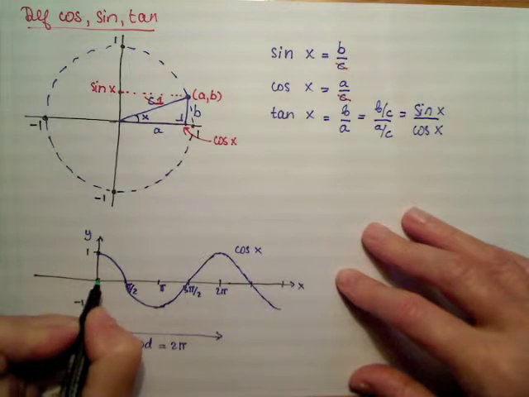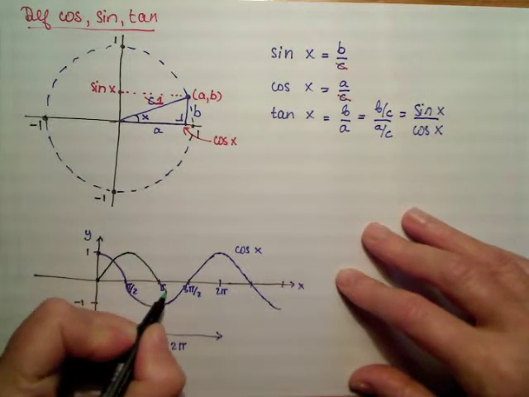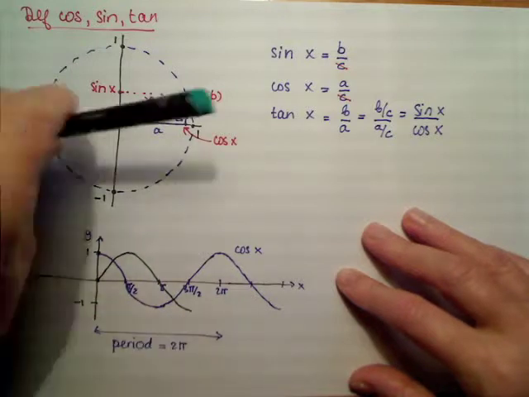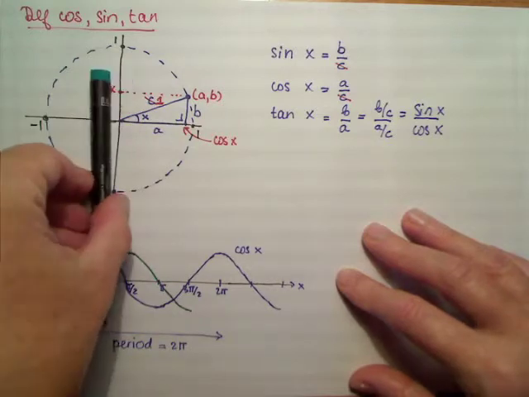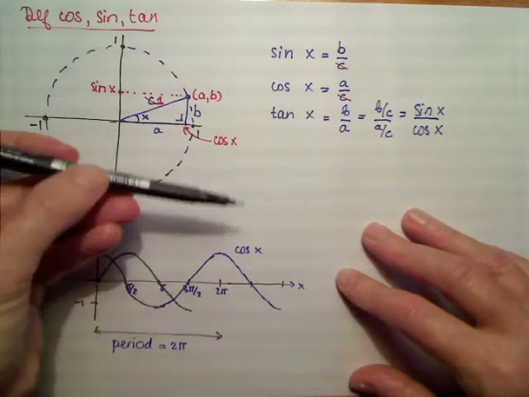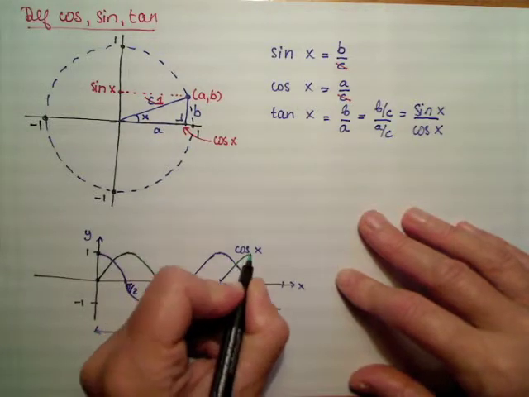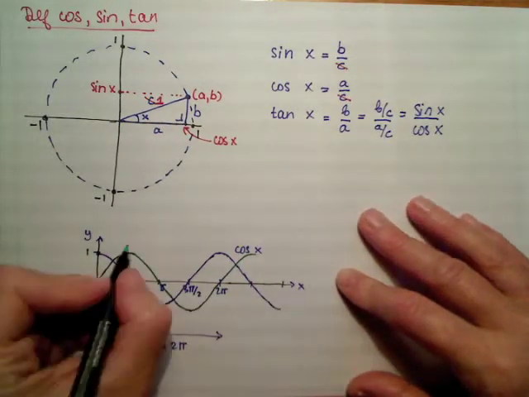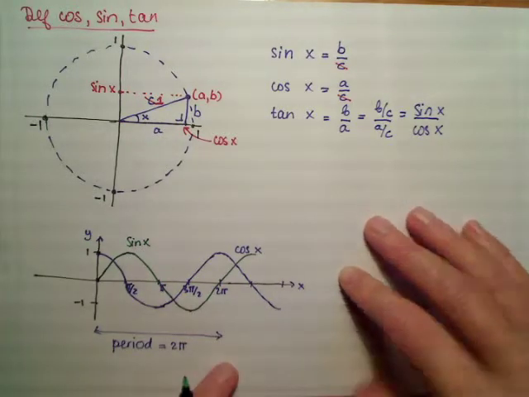It moves up to 1 at pi over 2, then it decreases down to minus 1. You can see it. If we move, the y-coordinate reaches minus 1 at 3 pi over 2, and then at 2 pi it's equal to 0 again, and then it repeats itself. So we get sine of x. And again, the period is 2 pi.